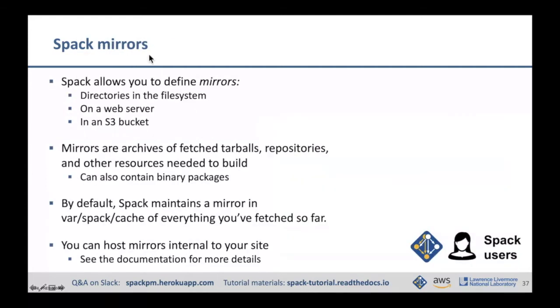The last thing that I wanted to talk about a little bit, and you've seen some of this already, is mirrors. So Spack allows you to define mirrors, which can be directories in the file system, they can be on a web server, or they can be in S3 in Amazon. This allows you to host source and binaries for your packages. And so you can host the source tarballs. We actually have recently set up a mirror for all of Spack.